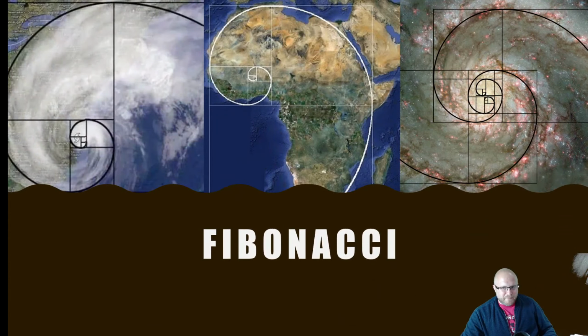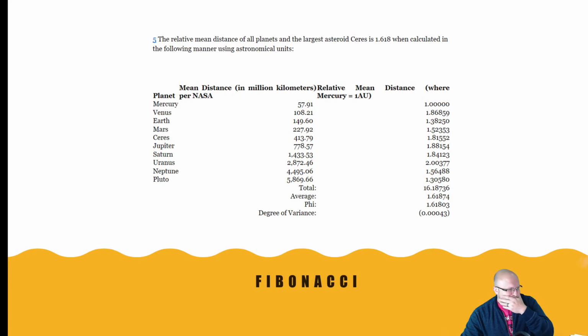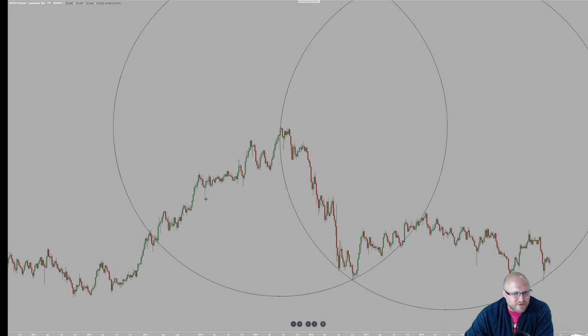It's really weird. Math is weird, but the mean distance of the major asteroid series is 1.618. It's a golden ratio. Just really interesting stuff.